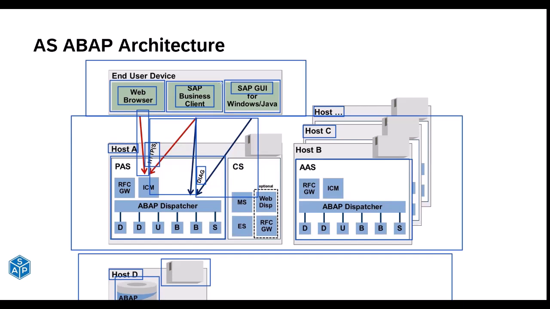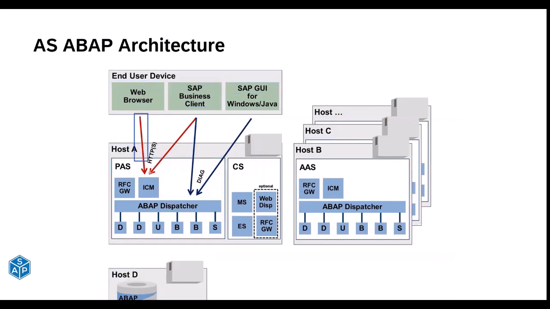And what are all these connections targeted to? The web browser will only connect to your ICM, Internet Connection Manager. SAP GUI, the dialog connections, will connect directly to your ABAP dispatcher.